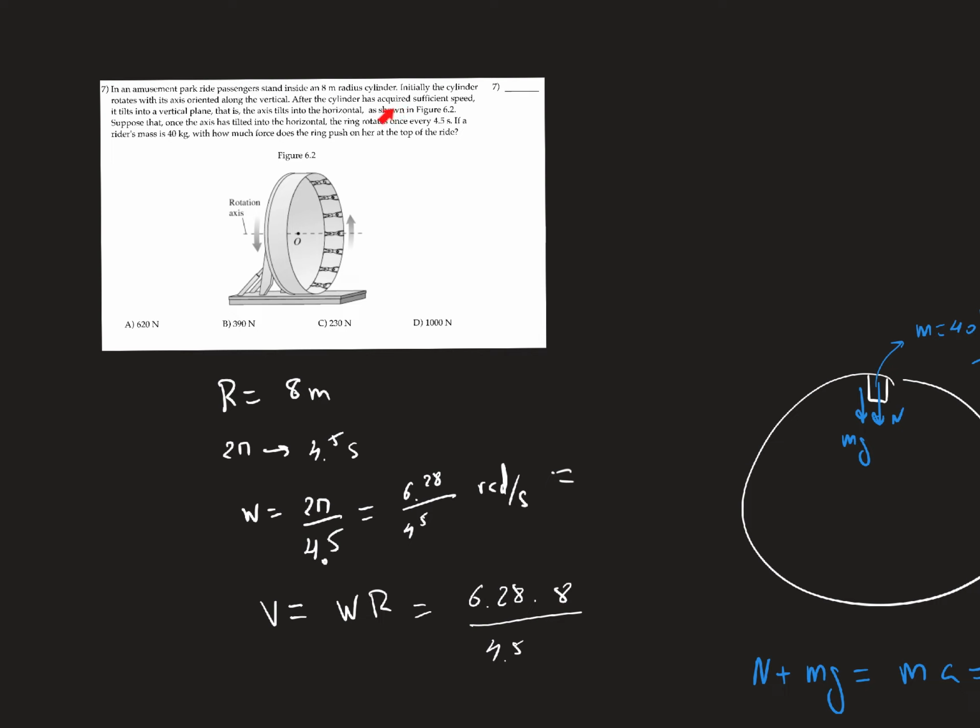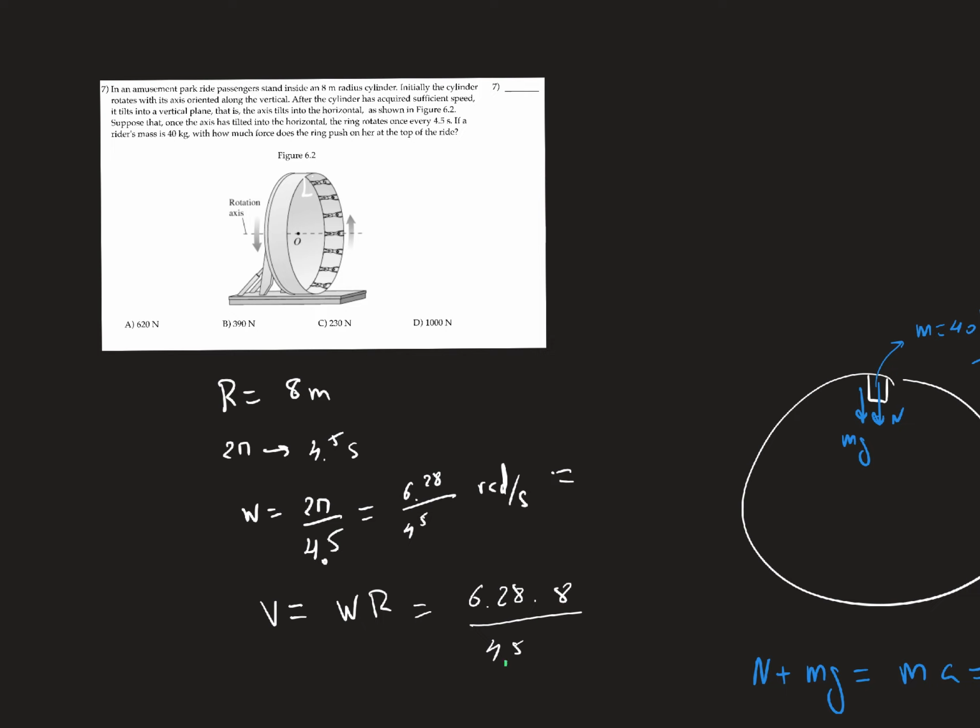So it says, if a rider of mass 40 kilograms, so there is now 40 kilograms, how much force does the rim push on her at the top of the ride? Is it divided by 4.5 or 45? 4.5 seconds.